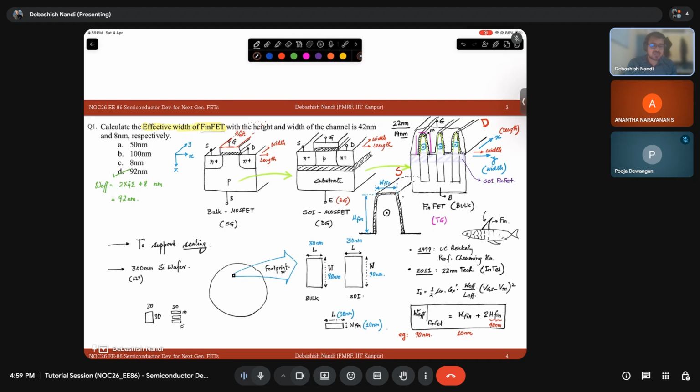You just need to understand that ALD is atomic layer deposition. By this, I can have precise deposition of gate and gate oxide materials. This much only will be sufficient. Okay, let's stop it here.